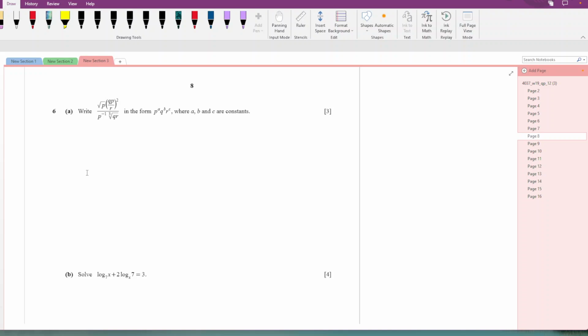Write square root of p multiplied by qp by r whole square, divided by p to the power minus 1 and cube root of qr, in the form of this.